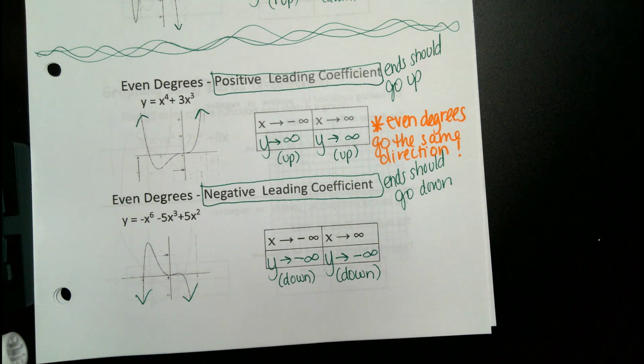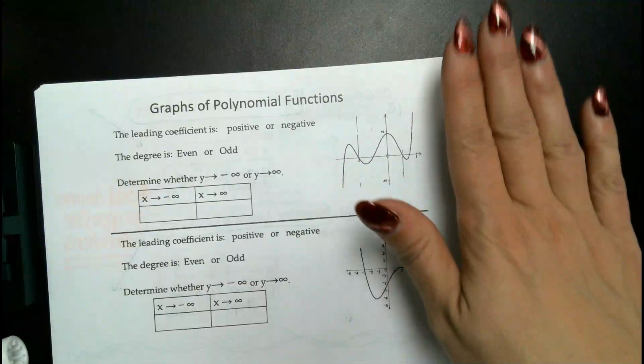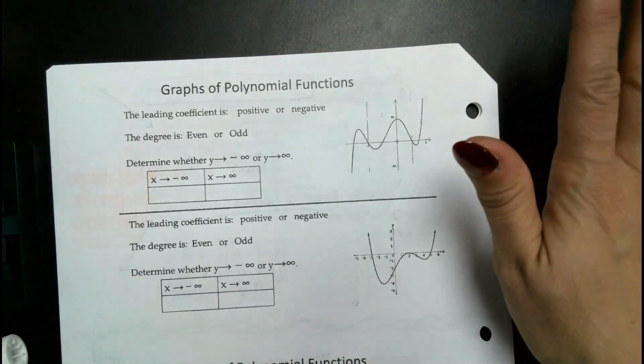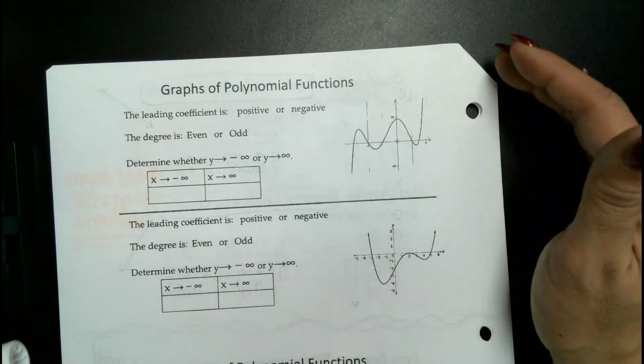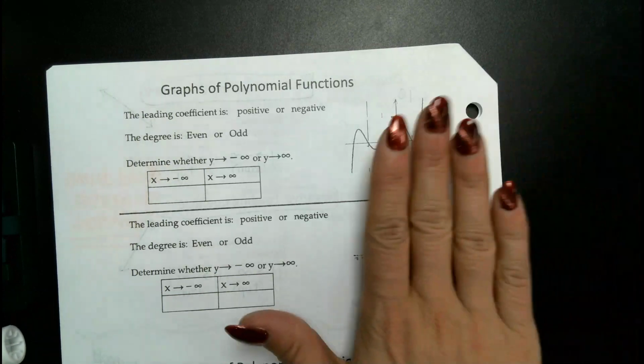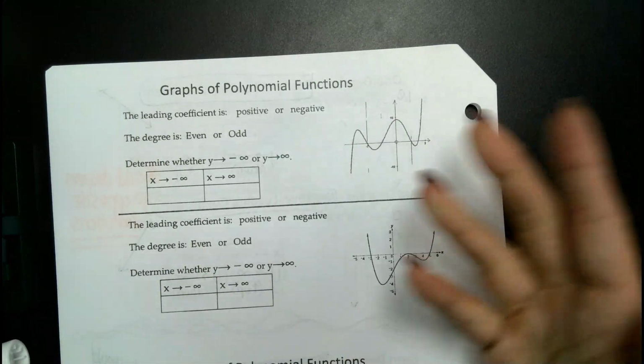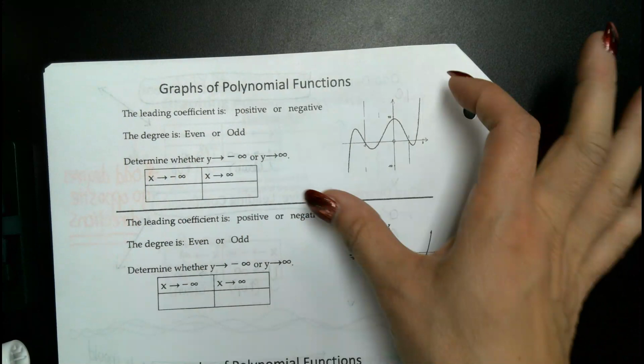So now they're going to give us pictures, and they're not telling us what the function is. They're not giving us the equation. So we are going to look at the picture and figure out whether the leading coefficient's positive or negative, and whether the degree is even or odd. Opposite directions, is that even or odd? That's odd.